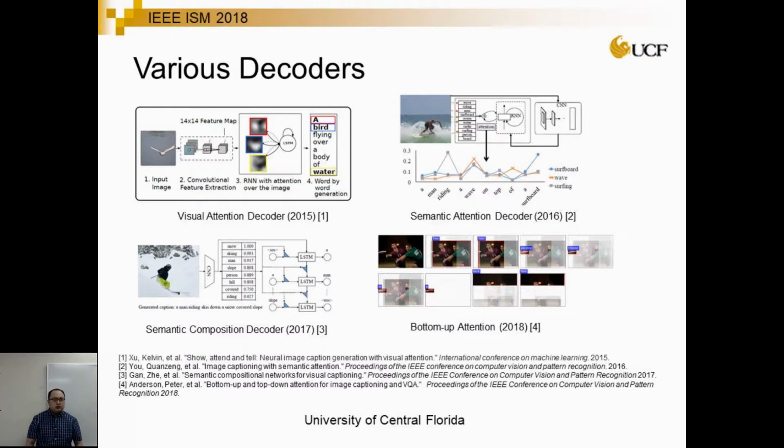The work in 2016 further applied the attention on the detected concepts instead of the image itself. That makes the description more accurate, and in 2017, a better result was achieved with a more complex decoder, where the model is based on the multilayer fusion of the detected objects.